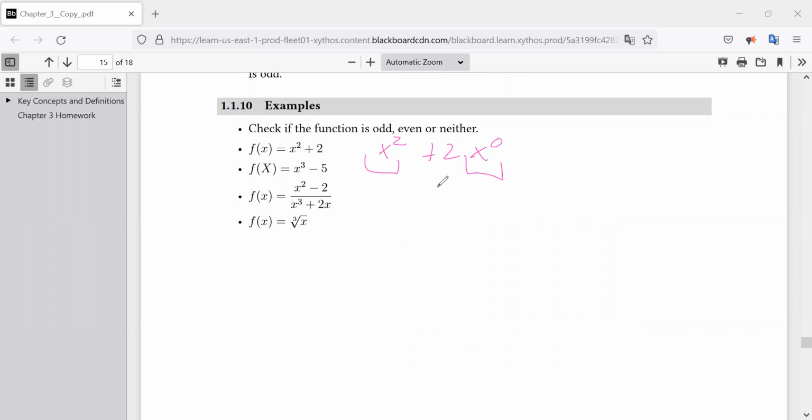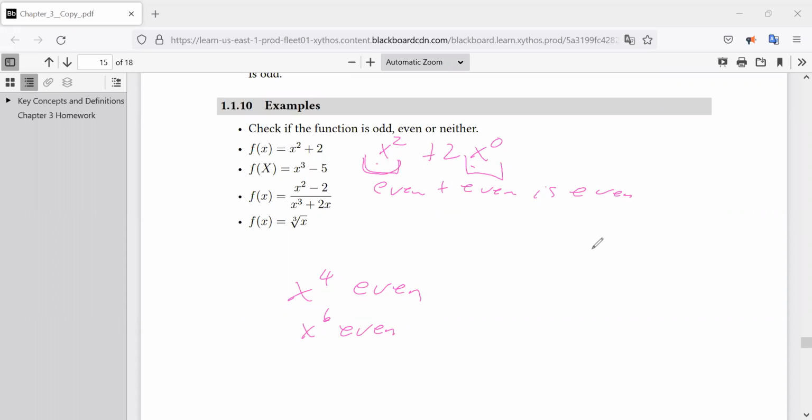Constant functions are even. X to the 4th is also even. X to the 6th is even. And if you take any two even functions and add them together, you still have an even function. So that's why even plus even is even.